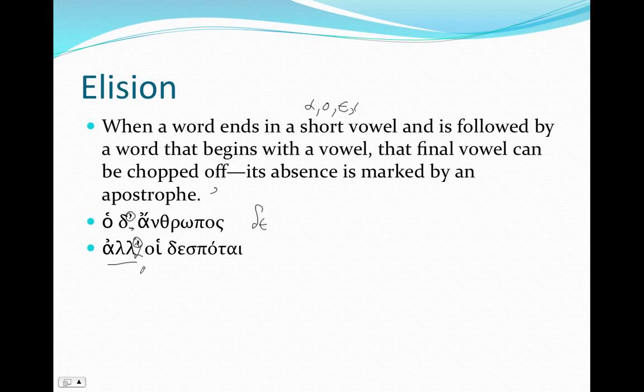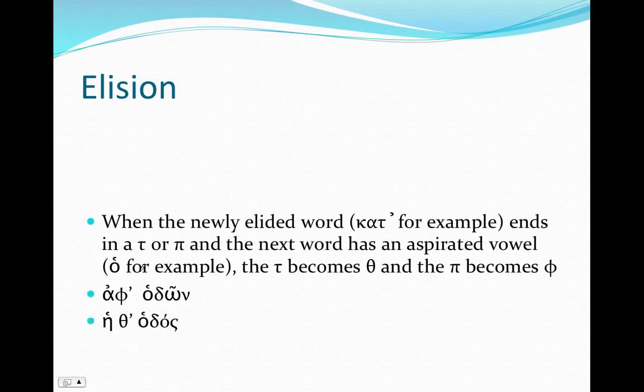Let's add one little glitch to this. When a newly elided word, so kat' for example, that was originally kata, we say apostrophe, what's missing? Kata is a good one. Now say the word ends in a tau or pi, and the next word has an aspirated vowel, like ho.